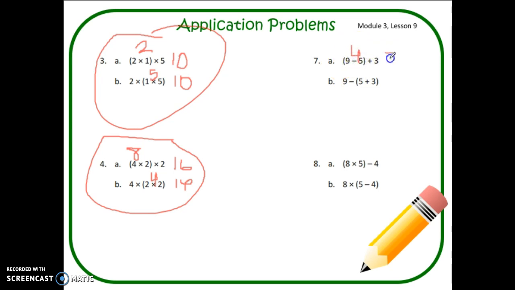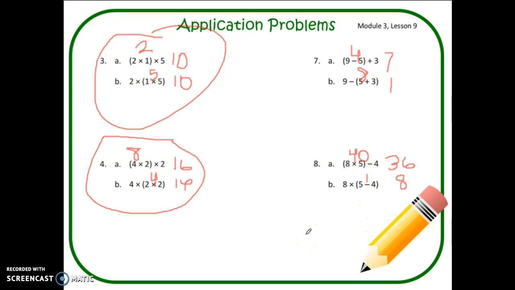Plus 3 is 7. 5 plus 3 is 8. 9 minus 8 is 1. Oh, those are different. Times 5 is 40. Minus 4 is 36. 5 minus 4 is 1. 8 times 1 is 8.